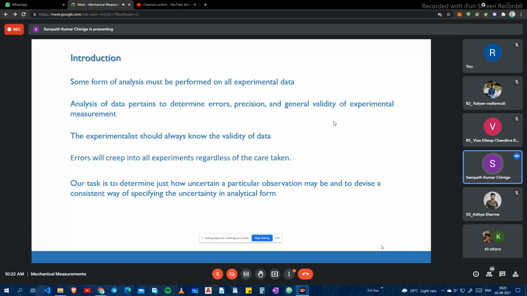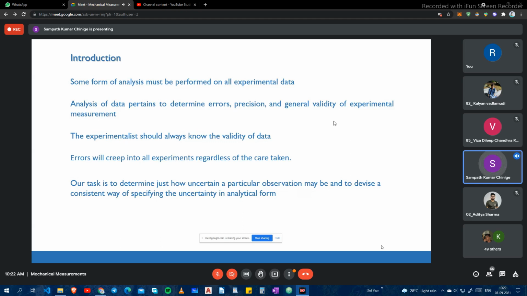You have to look at whether these results make any sense, whether they follow the physical principles that we know, whether it is logical or not. That is what you have to look at as an experimentalist.